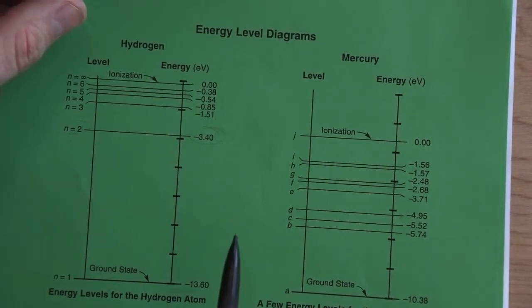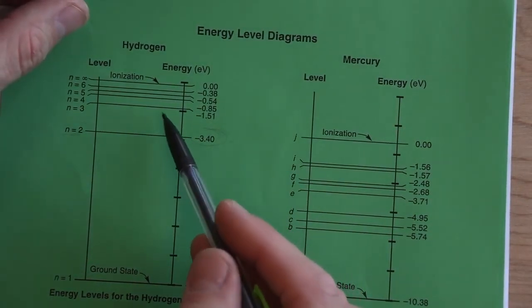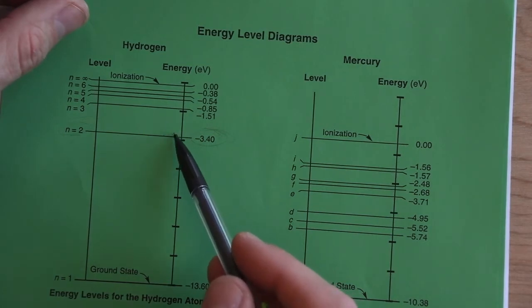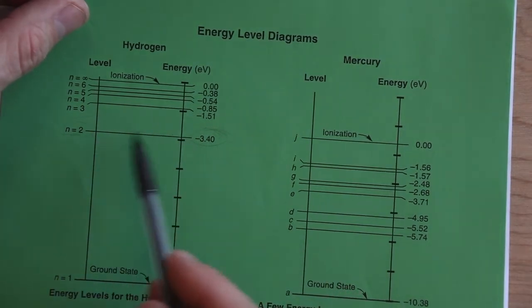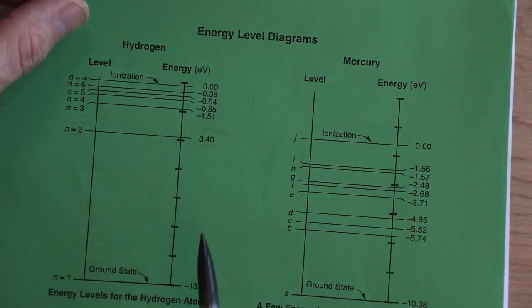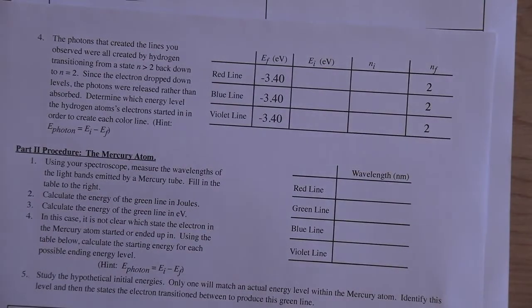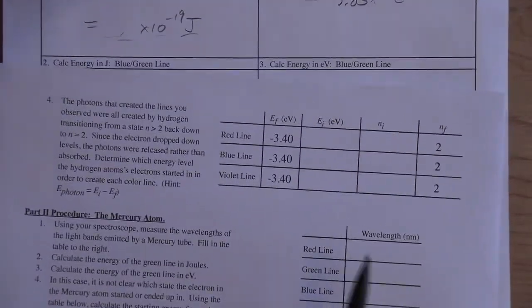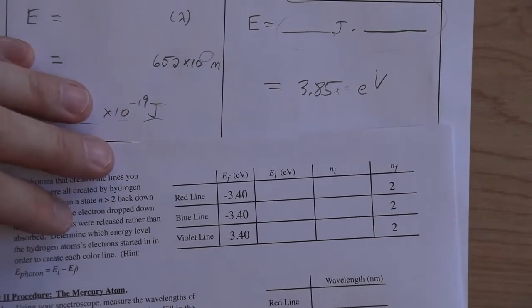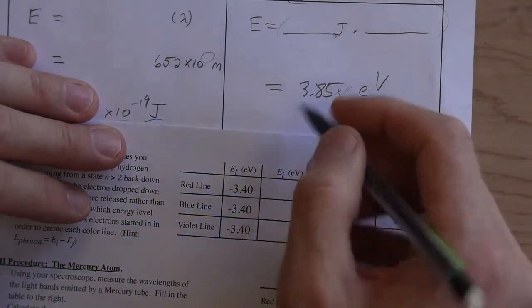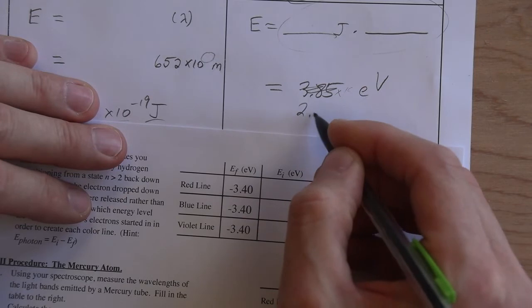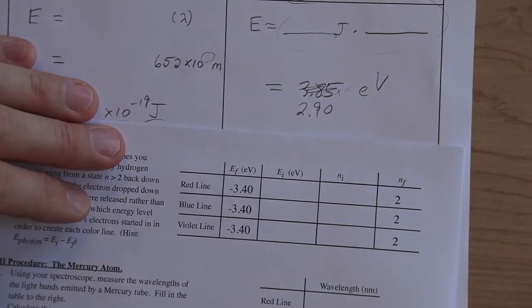Now what you're going to do is figure out, well, where did these electrons come from when they produced the line? Which of these states? So what you have to do is take the numbers from the previous page, like the red line. I shouldn't have picked the numbers so big. Let's say it's 2.9 or something eV.